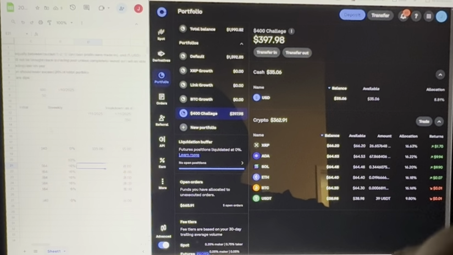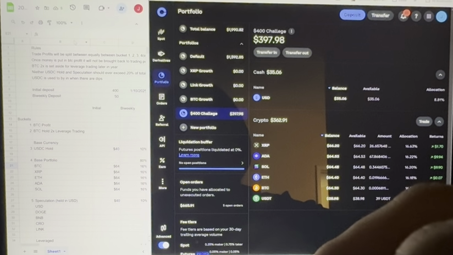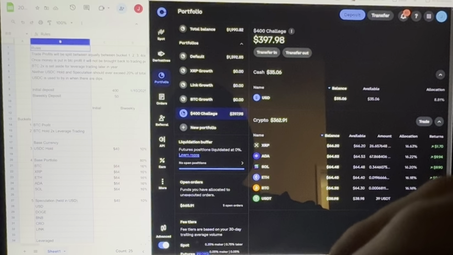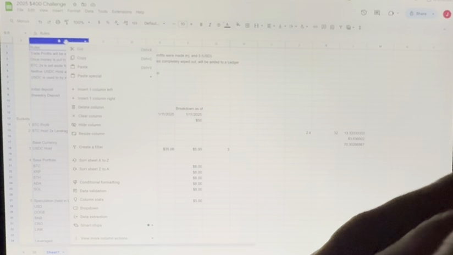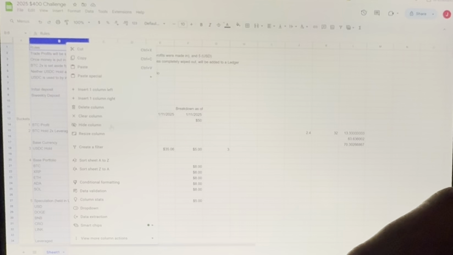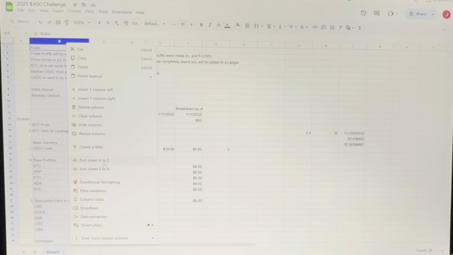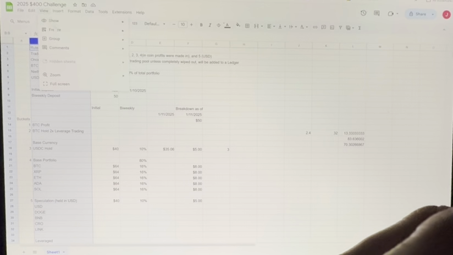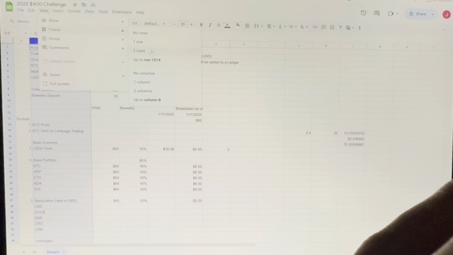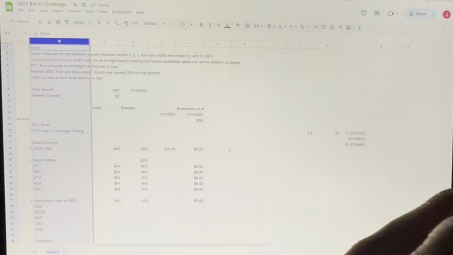I need to freeze this column so that I can, let's maximize that for a minute so I can figure out how to freeze. Does somebody see freeze? Okay, view, freeze, here we go. Freeze, column 1 and 2, there we go.